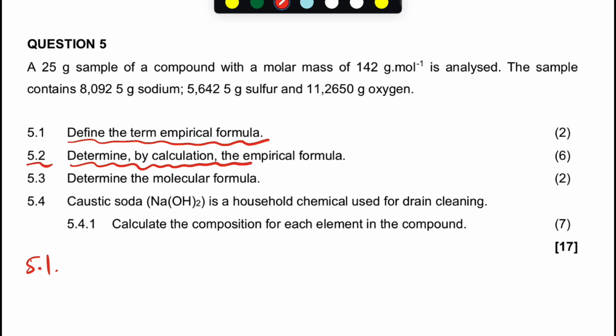Now it says determine the empirical formula. Determining the empirical formula, guys, you can do it in whatever way you want. There are many ways you can do it, using the table. So let's focus on this way. It says 25 grams of a compound with the molar mass of that. So this is the true formula.